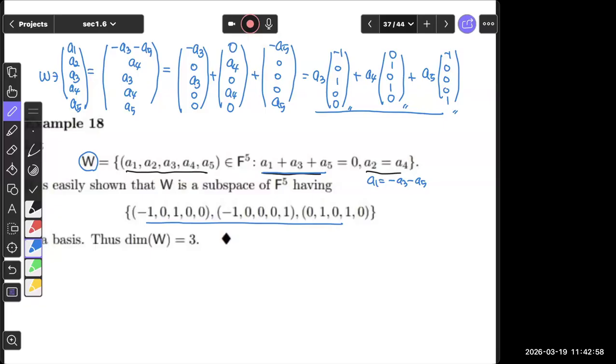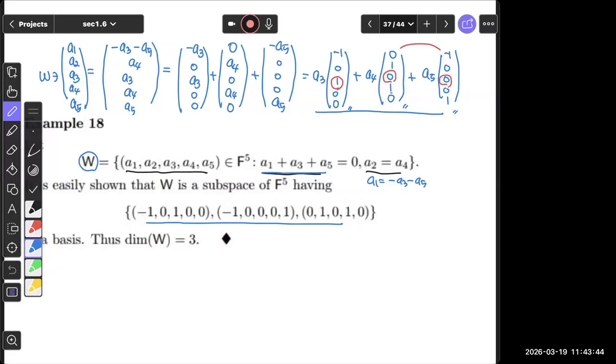Now, if the vectors are linearly dependent, then one vector is a linear combination of the other vectors, right? But when I look at just the third entry of these three vectors, only the first one has 1 while the second and third have zeros. Meaning, with a linear combination of these two vectors, you cannot generate the first one.